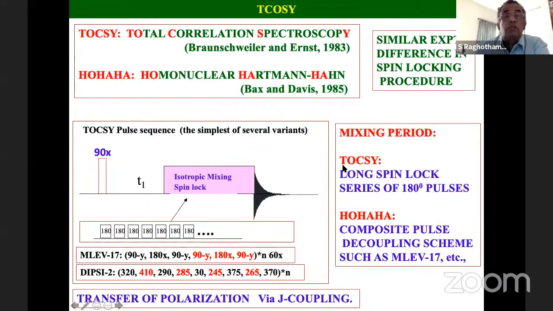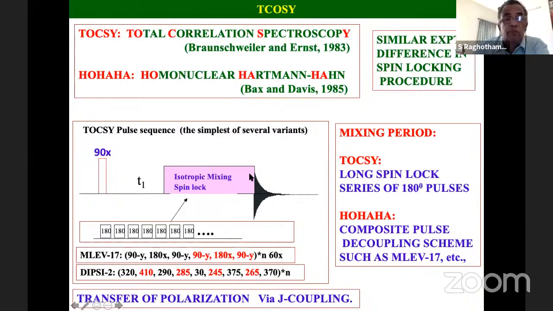Now, as the size keeps on increasing, there is another version of this COSY called the total correlation spectroscopy, TOCSY. It's also called the HOHAHA experiment because two people developed it in different ways. The main thing here is that instead of the second pulse, there is a long pulse. It's called the isotropic spin mixing pulse.